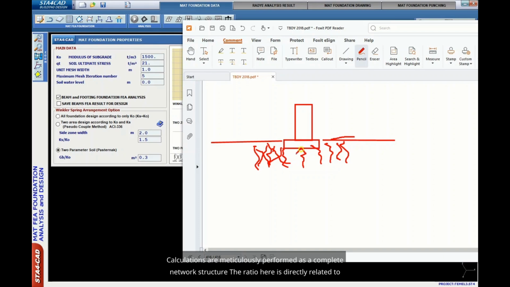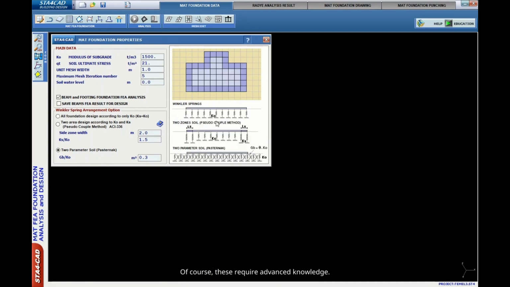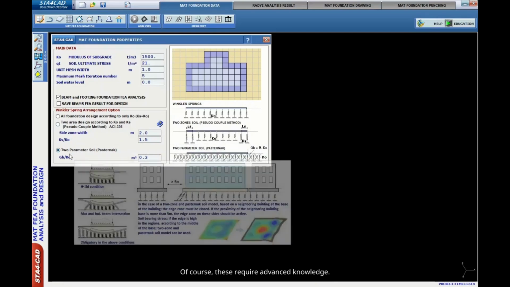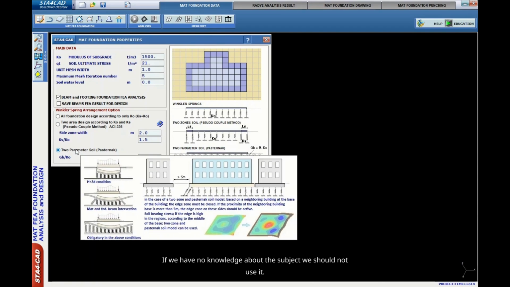Calculations are performed as a complete network structure. The ratio here is directly related to the angle between these springs. Of course, these require advanced knowledge. If we have no knowledge about the subject, we should not use it.